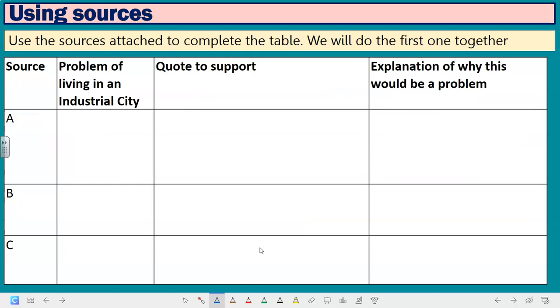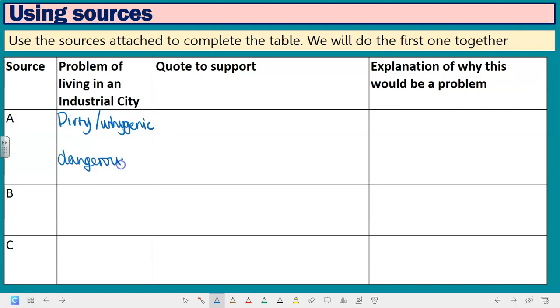So the first thing I need to do is use that source to tell me, according to that source, what is the problem of living in an industrial city? Well, here I can say it's probably quite dirty, or a better word to use would be unhygienic. And also I'm going to include that it was dangerous.